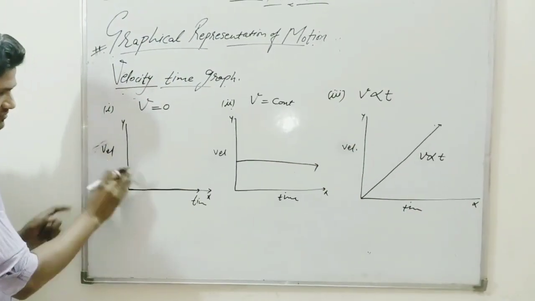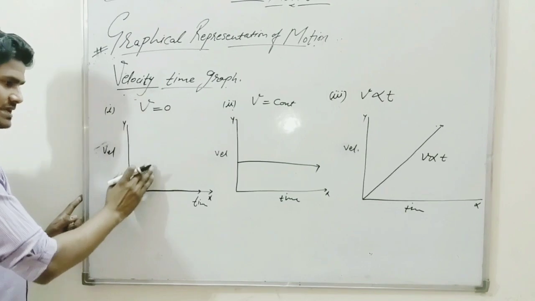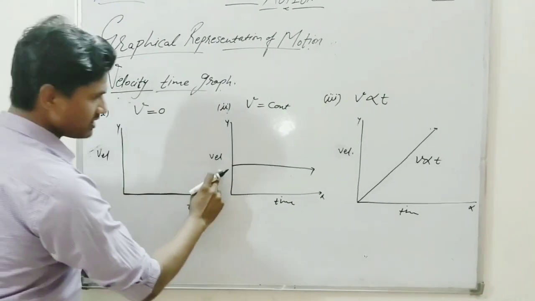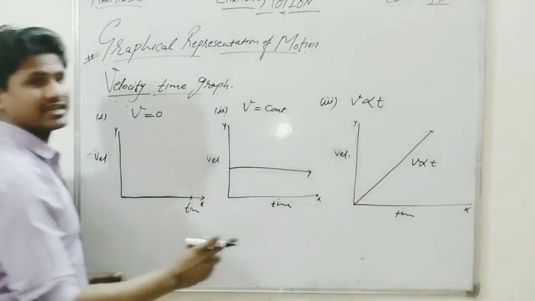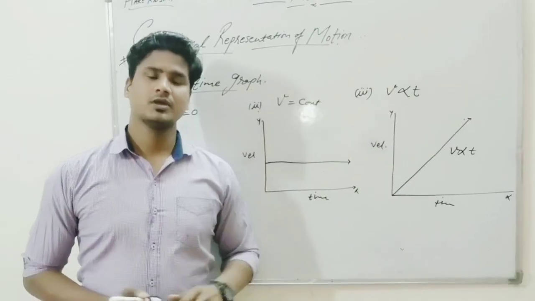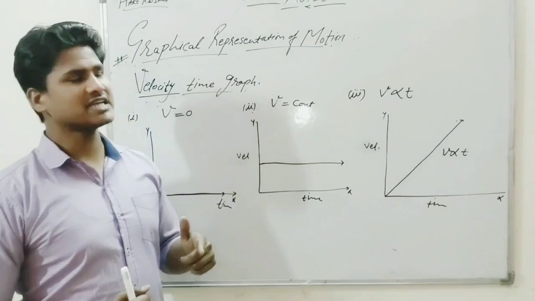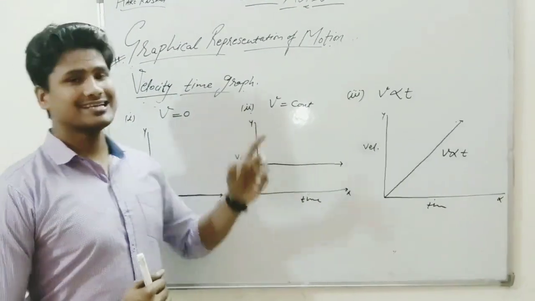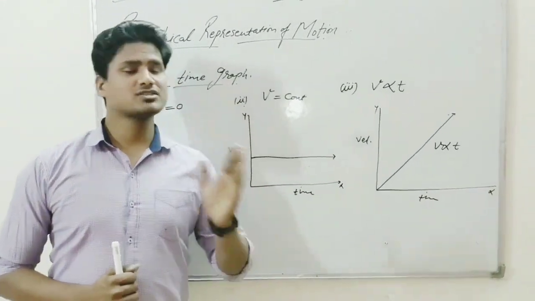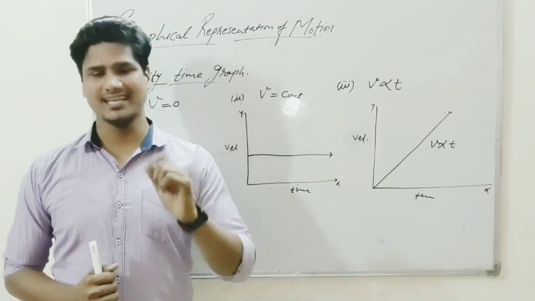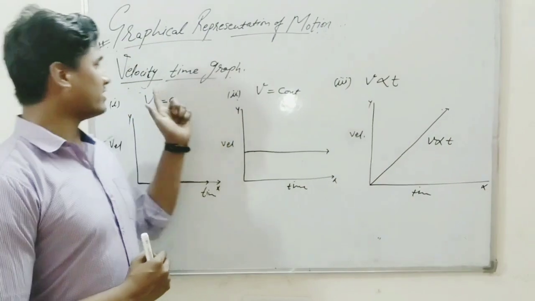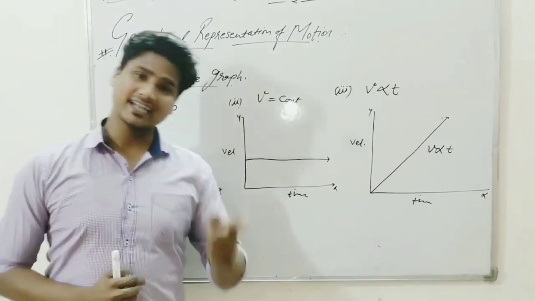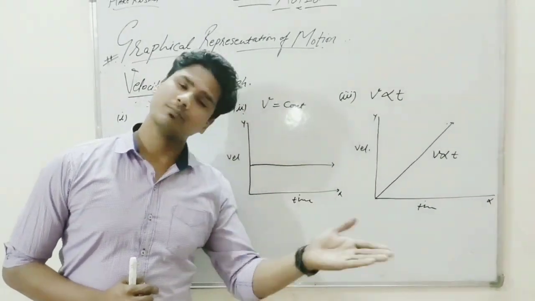The graph between velocity and time is the same as in the speed time graph. The only difference is that the speed time graph does not consider direction as it is a scalar quantity, but as velocity is a vector quantity, the velocity time graph considers direction and magnitude both.